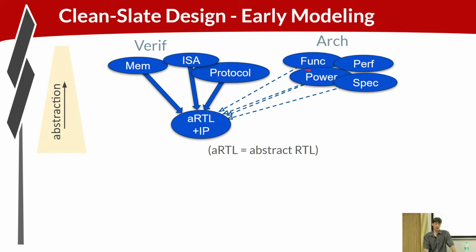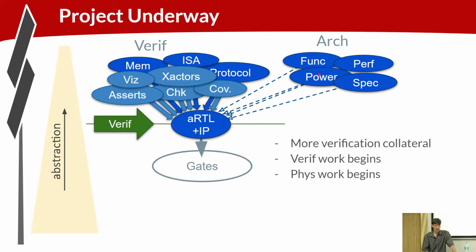You have your spec evolving, and you do higher level models for performance and function and power. Over time, you are evolving this model. You're introducing additional verification collateral, all connected to the same RTL. Your verification effort is focused on this RTL, which at this point is still fairly abstract.